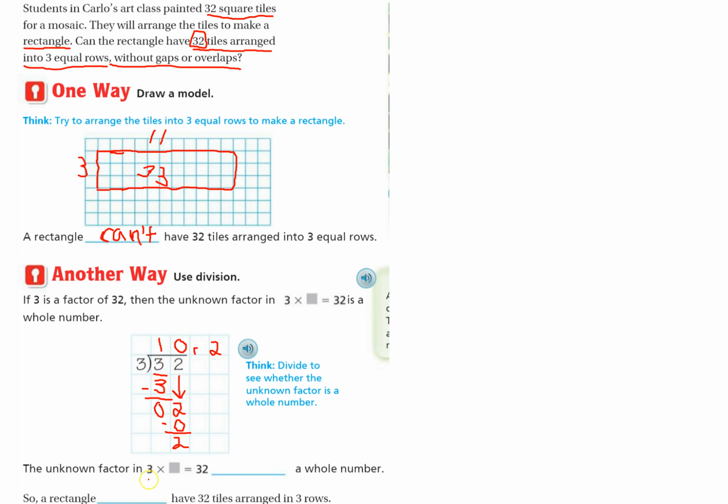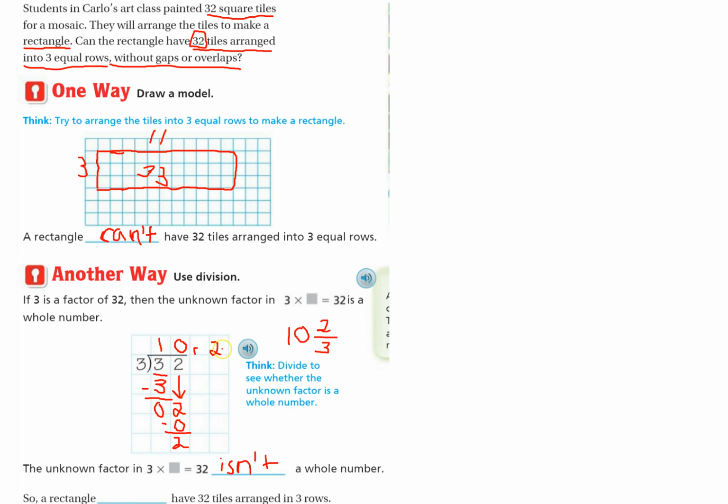So the unknown factor in 3 times some number equals 32 isn't, or is not, again, we're doing a contraction again, isn't a whole number. It's going to be 10, and if we wanted to write this remainder as a fraction, we could write it as 10 and 2/3.